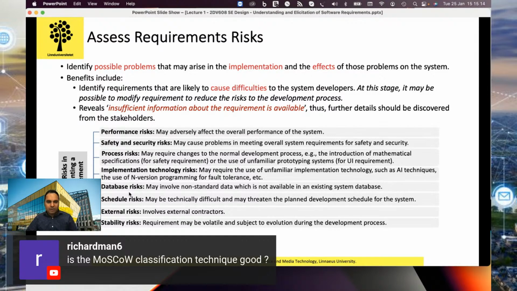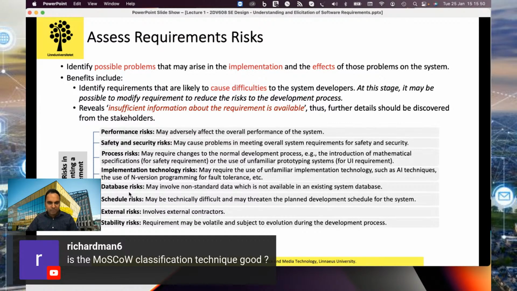If you are using any non-standard database that is not easily achievable or doable, a requirement that involves such database risk should be mitigated using, for example, a simple database. It can be a CSV or even a text file, rather than a database in the cloud or NoSQL databases and so on.